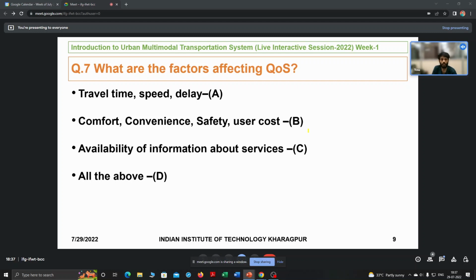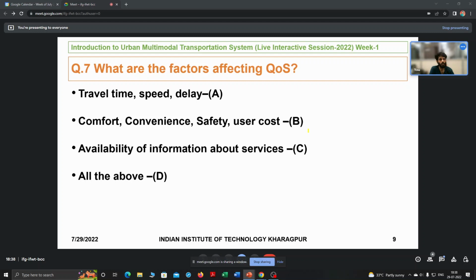Then what is convenience? Suppose you are going from point A to point B, and you need to transfer in between. Then it is not convenient for you to use that bus service to go from point A to point B by getting two transfers. Another example is a smart card, which you can see in many developed countries in the US and in many cities in Europe.